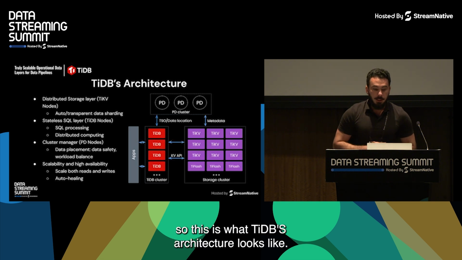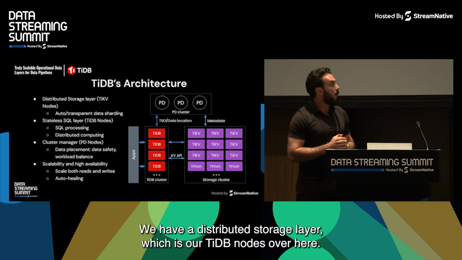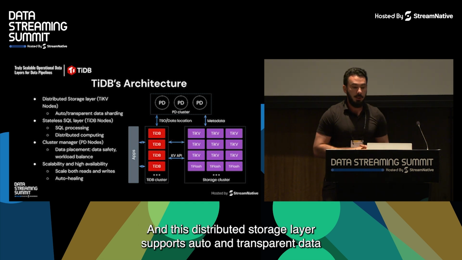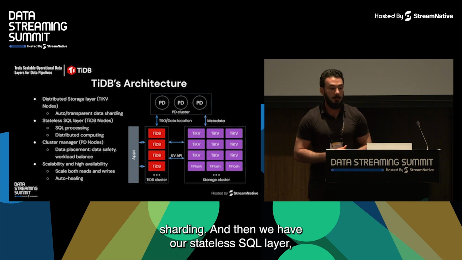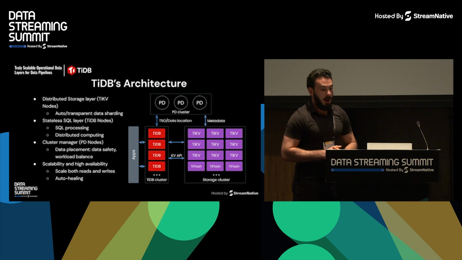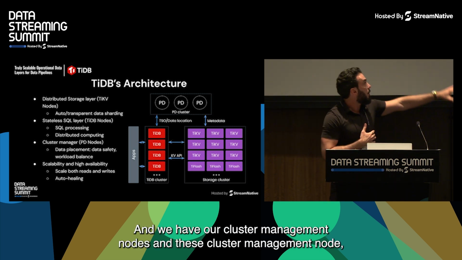All right, so this is what TiDB's architecture looks like. We have a distributed storage layer, which is our TiKV nodes over here. And this distributed storage layer supports automatic and transparent data sharding. And then we have our stateless SQL layer, which is our TiDB nodes in the red over here. They support your SQL processing and your distributed computing. And we have our cluster management nodes.